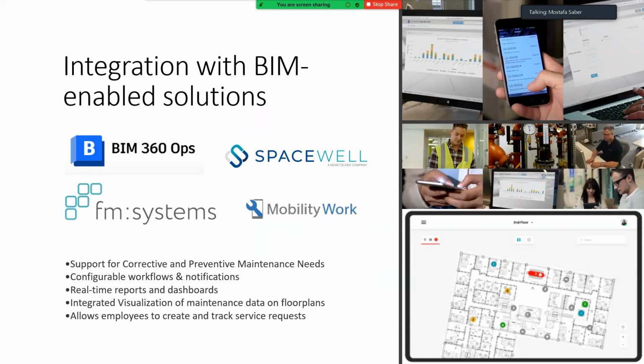These are a few examples of solutions that are integrated with BIM. We can see BIM 360 Ops, which has been created by Autodesk. And BIM 360 Ops is actually integrated with BIM 360 for construction or Autodesk Construction Cloud. So again, you can get information directly from your model.